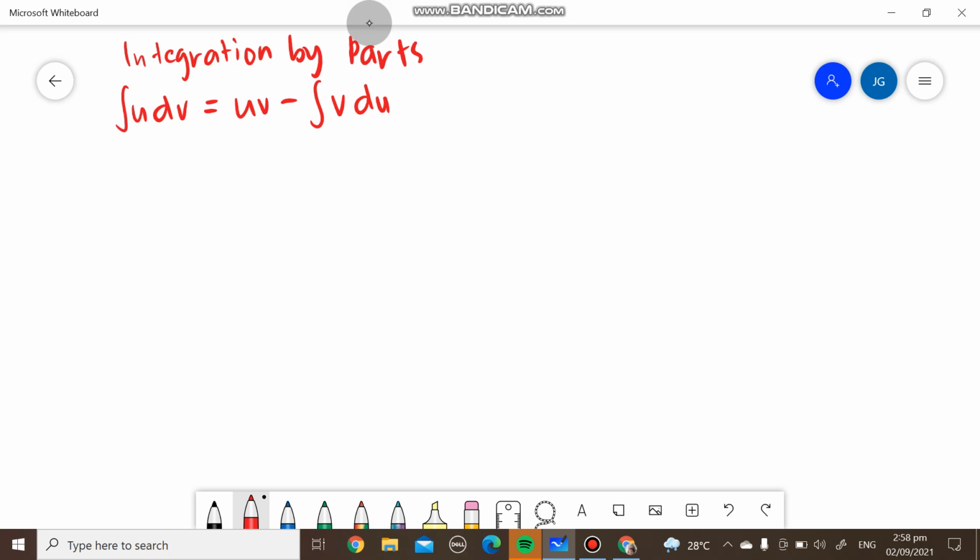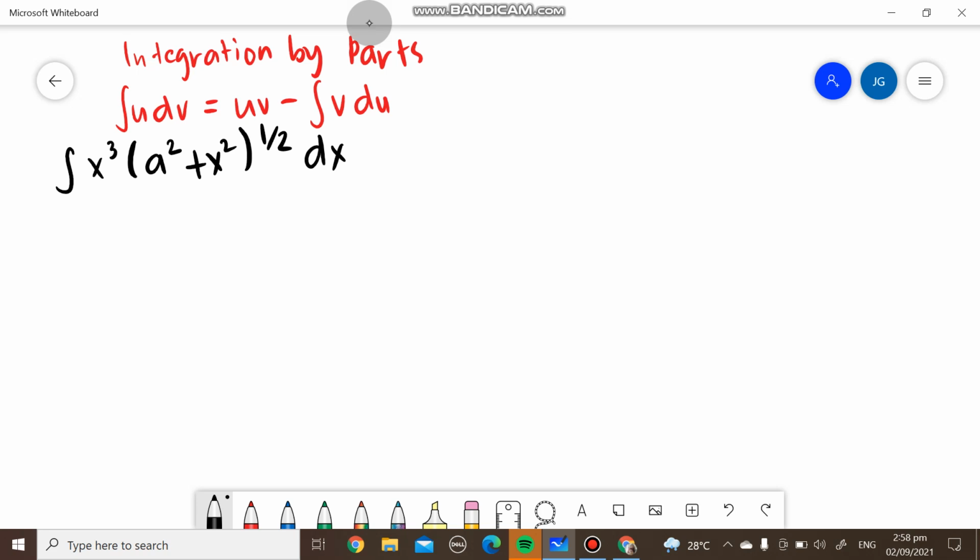For this lesson, my example is: what is the integral of x cubed times (a squared plus x squared) raised to 1/2 dx. Okay?